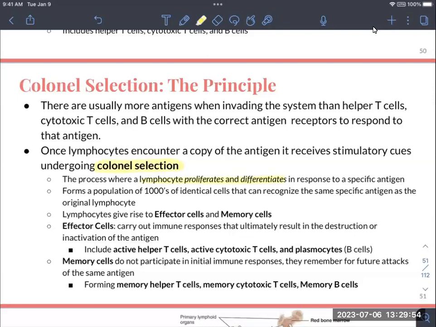They're rapidly going to separate out and make more and more of these cells, and they're going to differentiate so they have that specific antigen receptor on their membrane. They can form thousands of identical cells from that one original cell.